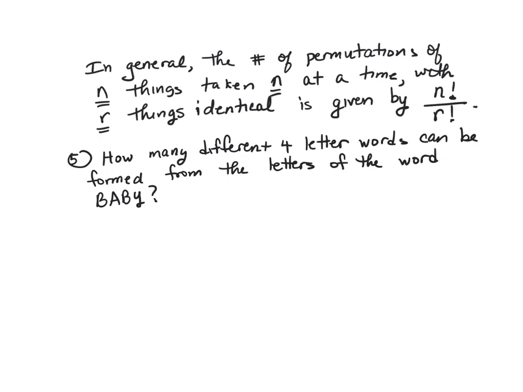Okay, well, we know that if this was a four-letter word with four distinct letters, there would be 4 factorial ways to permute them. But we have to divide by the number of ways to permute the B's if they were different, and that would be 2 factorial ways since the B's repeat twice. So that would give us 4 times 3 times 2 factorial over 2 factorial, which would give us a total of 12 ways.